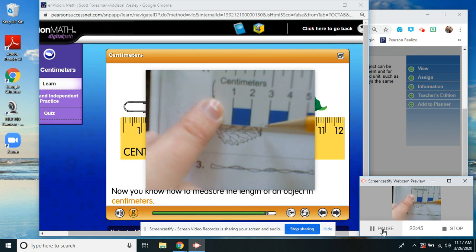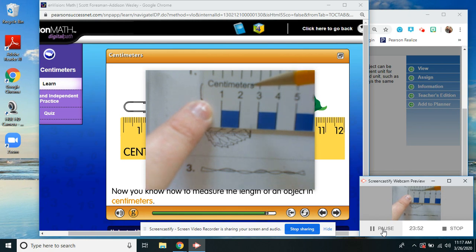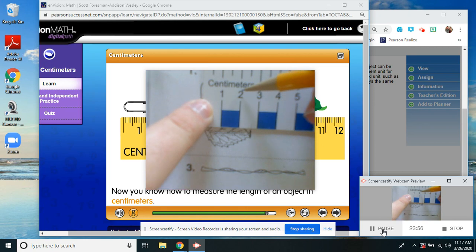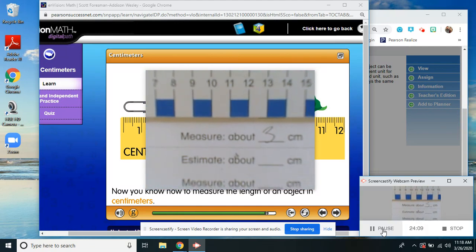So remember that we are measuring to the nearest centimeter today. That is our goal, to see if you can measure in centimeters. So we have 2 and 3 here, and our mark is closer to 3. I am going to write down 3 centimeters for our answer.